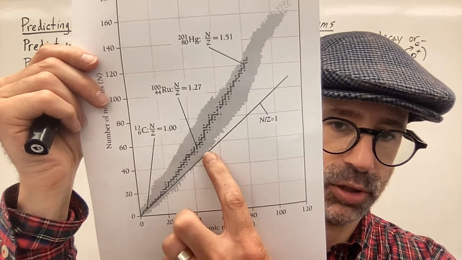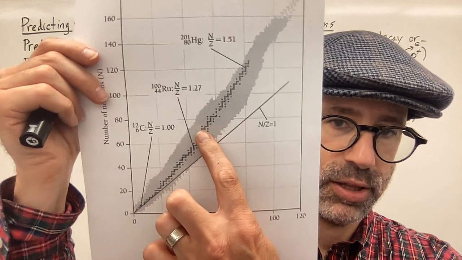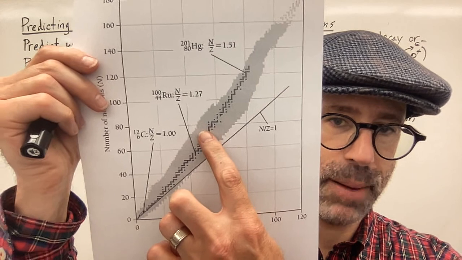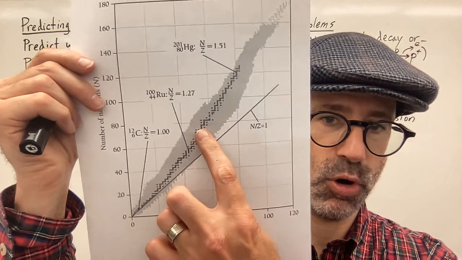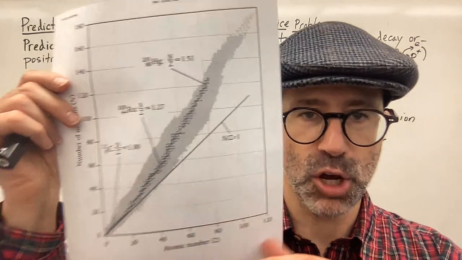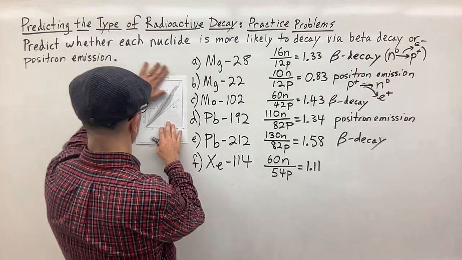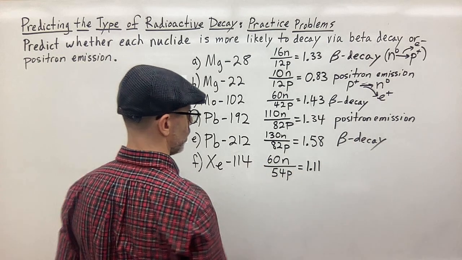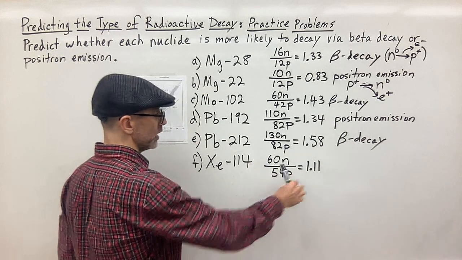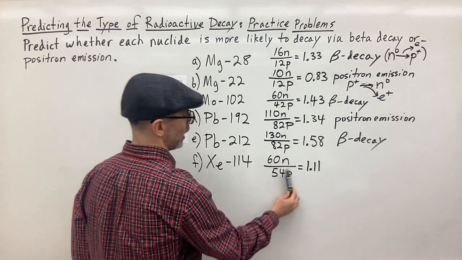You go up the middle here, keep going up the middle, and we're around here. So the ratio of neutrons to protons should be about 1.3, maybe a little bit more than 1.3, maybe 1.35, right? So that means that the ratio that we have here, 1.11, is too low. Meaning we don't have enough neutrons and we have too many protons.